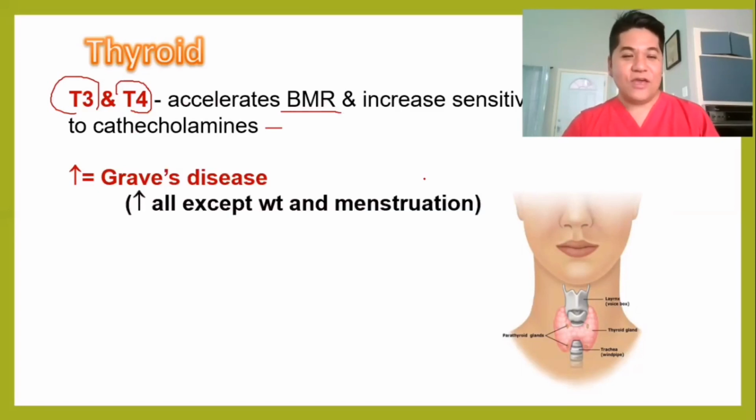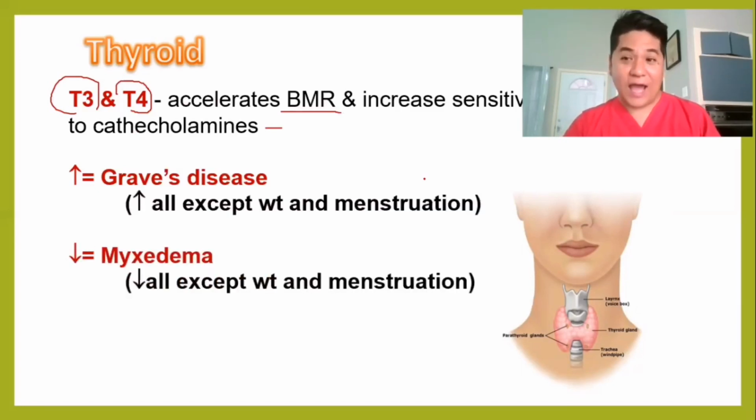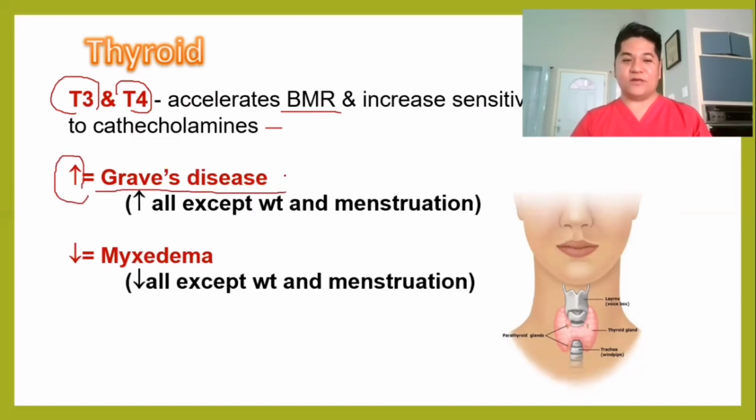Okay, so this would happen to you if there is too much thyroid activity, you would have Graves' disease, like you are super active, your eyes are bulging, your goiter, you have a big thyroid gland.